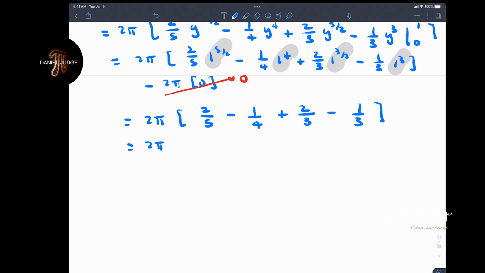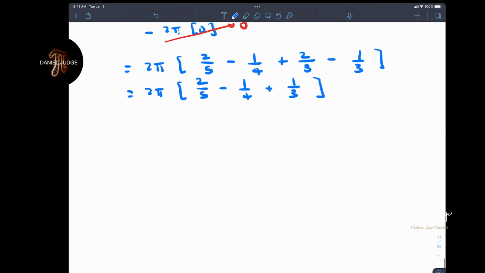So we'll start to do our arithmetic now. 2/5 minus 1/4, and it looks like that'll be plus 1/3 here if I combine the last two. 2/3 minus 1/3 is 1/3. Now I need the LCM here of 5, 4, and 3.